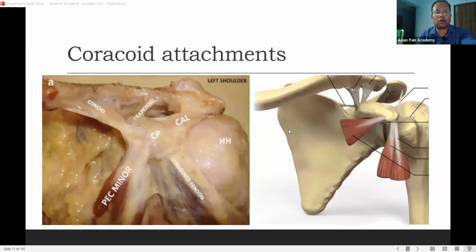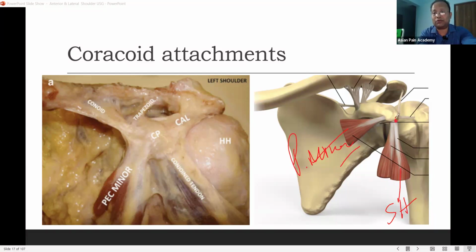Now, as I told you, coracoid attachment. So three attachments are there. We can clearly see that this has to be the pectoralis minor. Two are remaining: one is coracobrachialis, one is the short head. We know the short head is at the tip, so this has to be the short head of biceps.